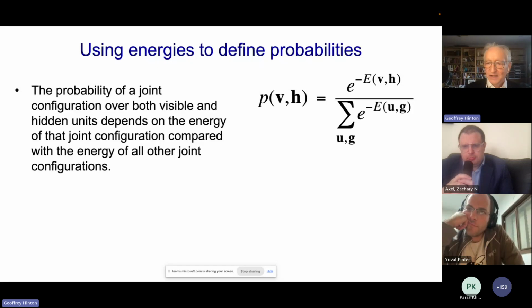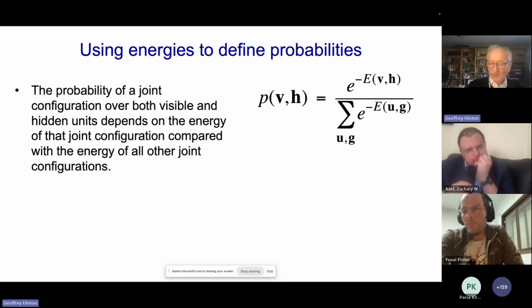That normalization term is what physicists call the partition function, and it's a monster to compute. You can't actually compute it for big systems, it's just much too big. And that's why it's good to be able to sample and get the same answer, or roughly the same answer. So that's called the partition function.